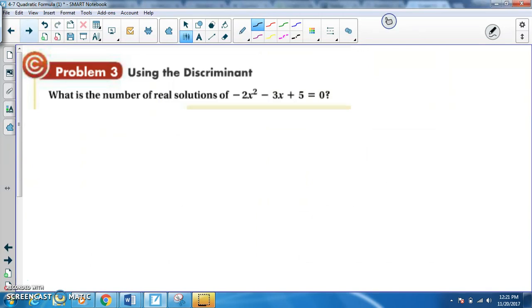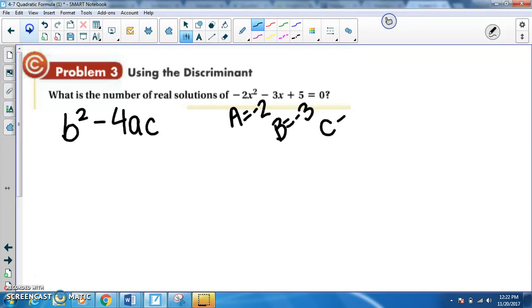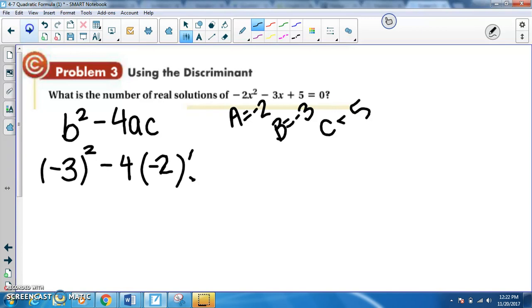So what is the number of real solutions of negative 2x squared minus 3x plus 5 equals 0? If we want to find the number of solutions, we use the discriminant, b squared minus 4ac. Are we in standard form? Yes. So a is equal to negative 2, b is equal to negative 3, c is equal to 5. Plug in. Negative 3 squared minus 4 times negative 2 times 5.